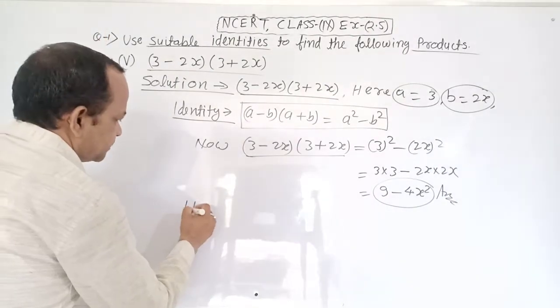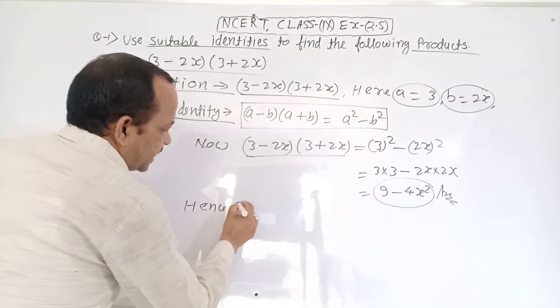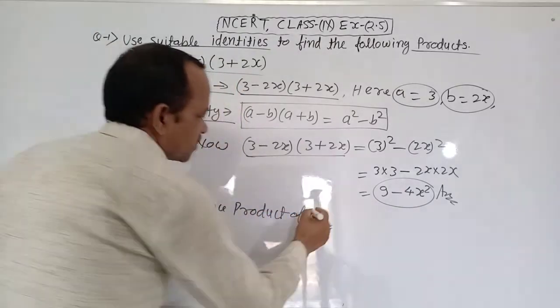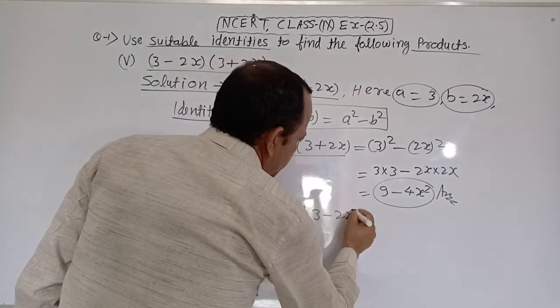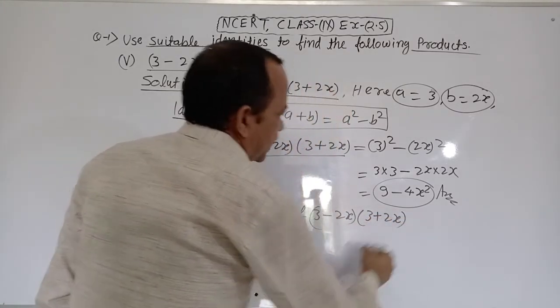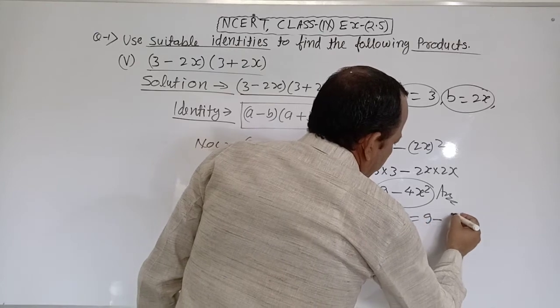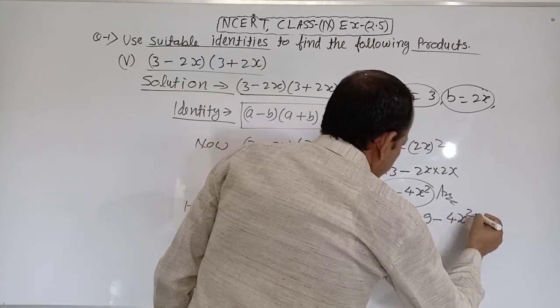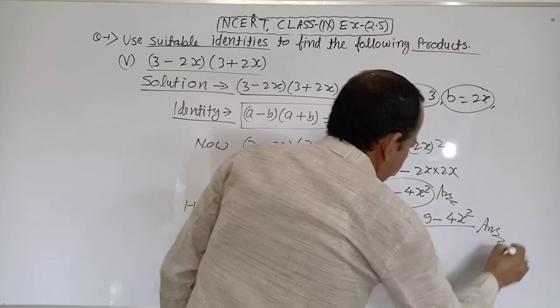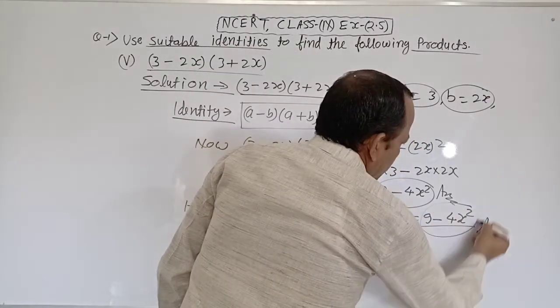Hence, the product of (3 minus 2x)(3 plus 2x) equals 9 minus 4x square. It is your answer.